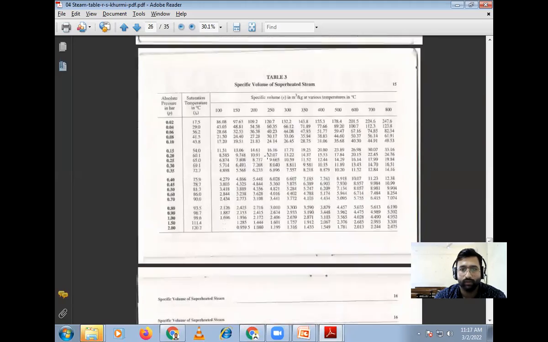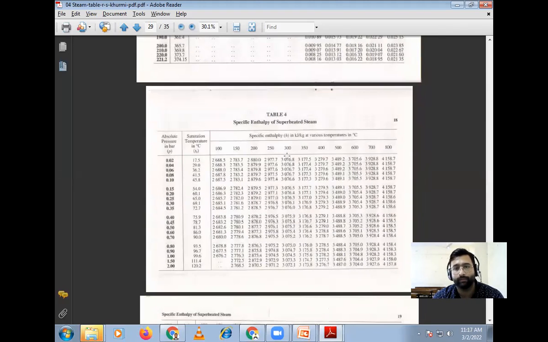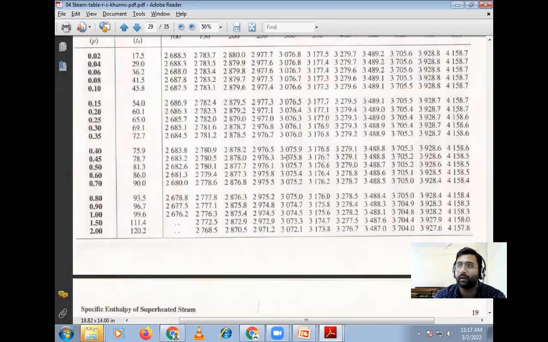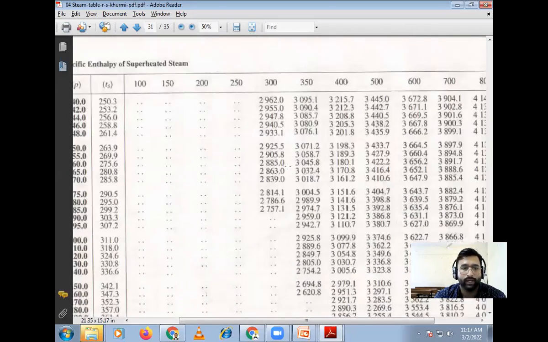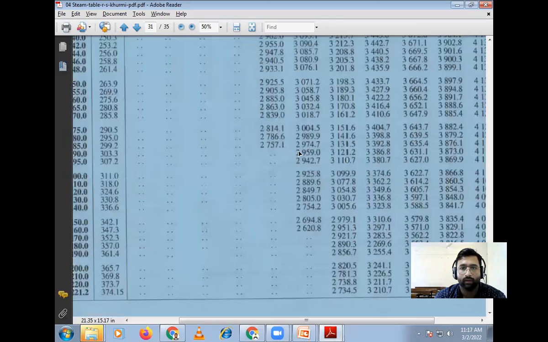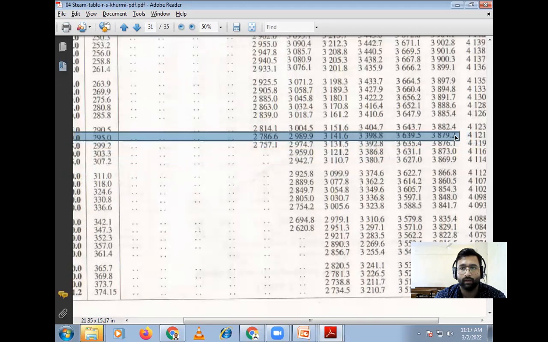This is the specific volume superheat table, this is the specific enthalpy superheat table. In this case, I have to go for 80 bar. See here, this is 80 bar.